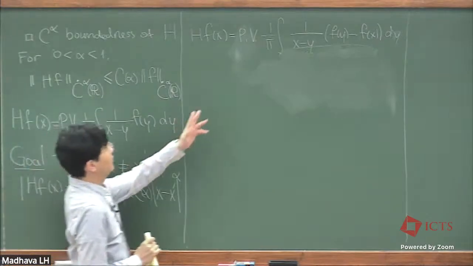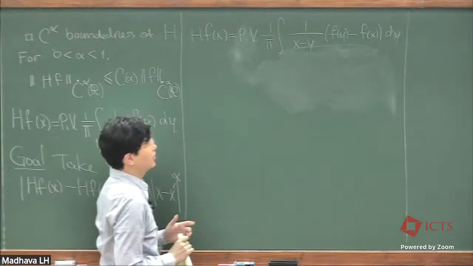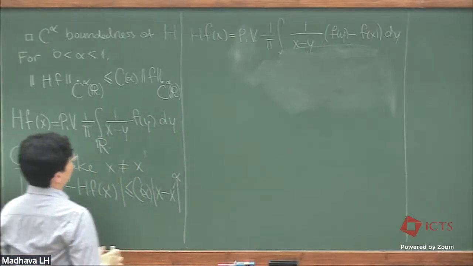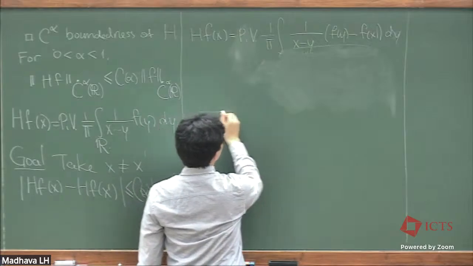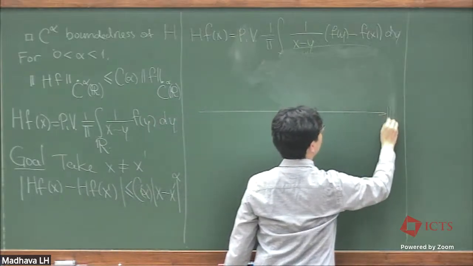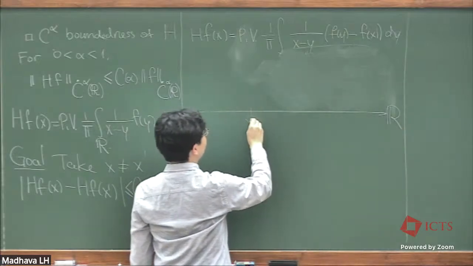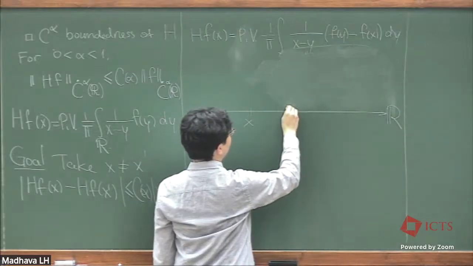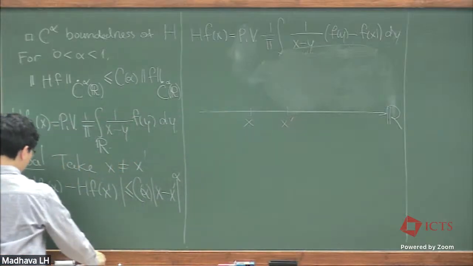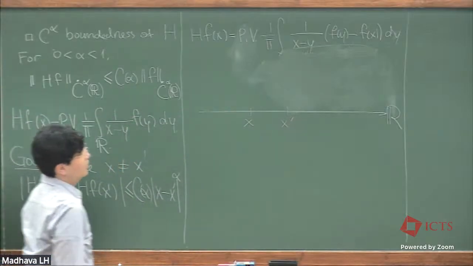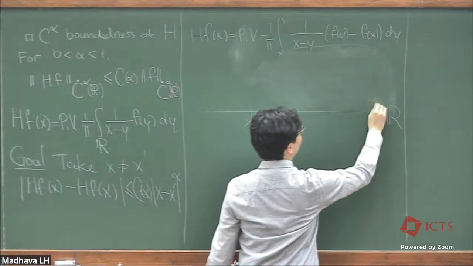We split this integral into two regions. So in the real line, there are these 2 points, x, x prime. This real line is parameterized by y.